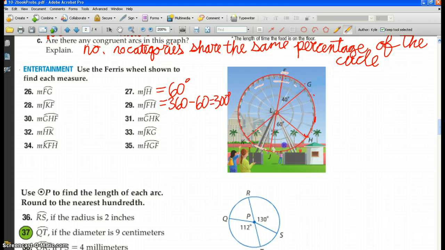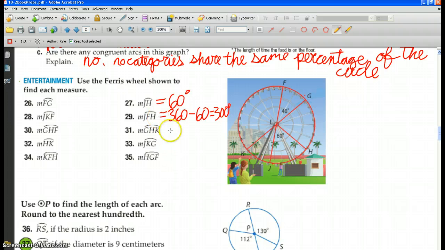All right, and the next one, we want to find GHK. So GH, and then ending up at K. We can see that its endpoints are on this diameter. So that's a semicircle, which is 180 degrees. Number 33, JKG.